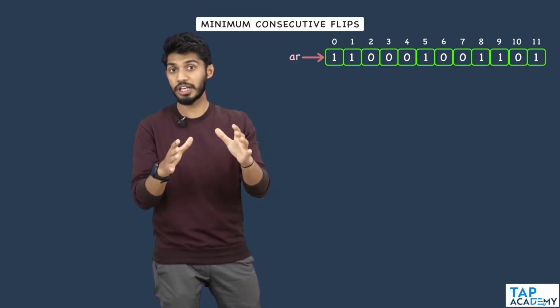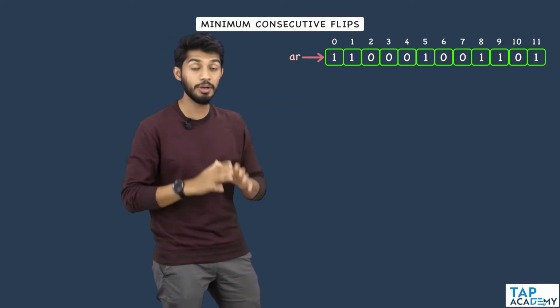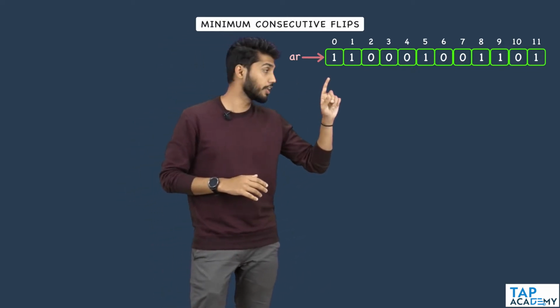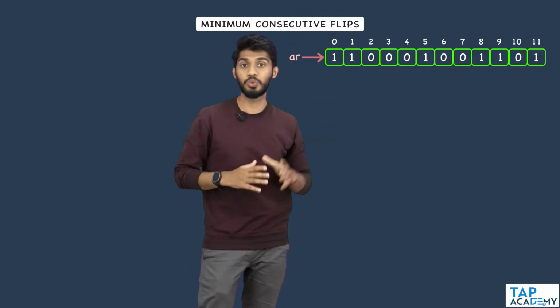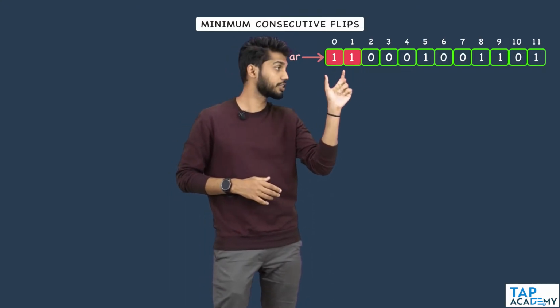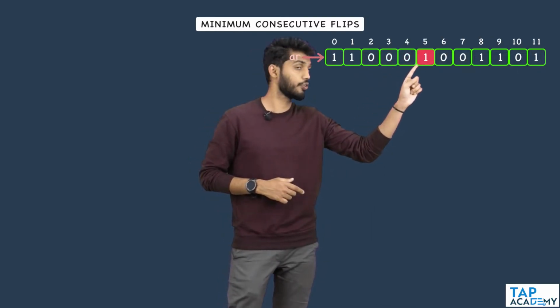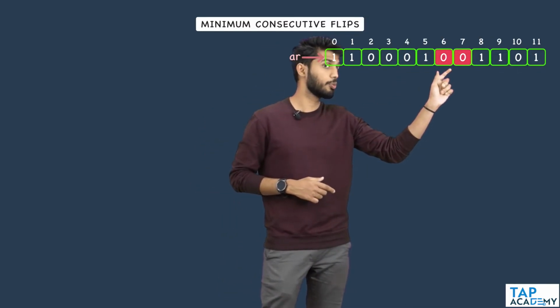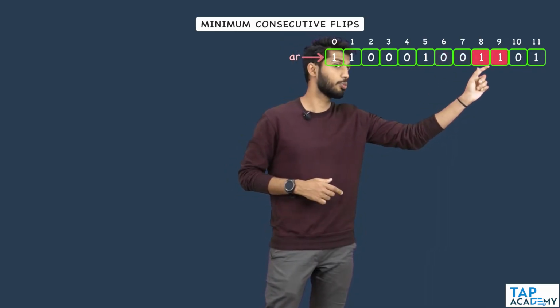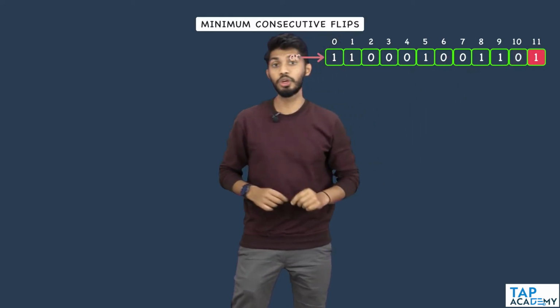How you are going to flip is something that you need to understand very well, because over here you have groups of zeros and ones. This is a group of ones, this is a group of zeros, this is a group of one, this is a group of zeros, this is a group of ones, this is a group of zero, and this is a group of one.